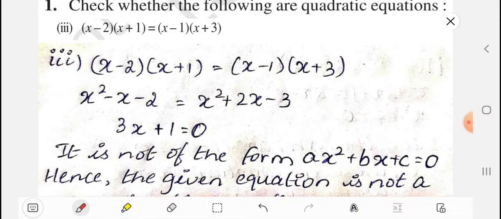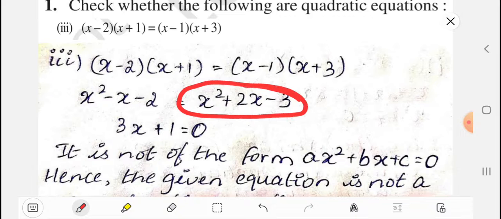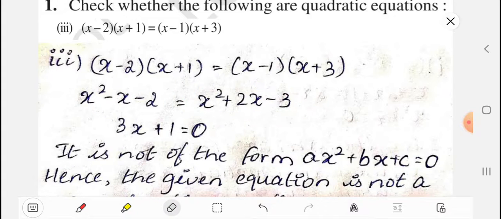Later on, shift all the RHS terms into the LHS. After shifting, we get this as the simplified version.